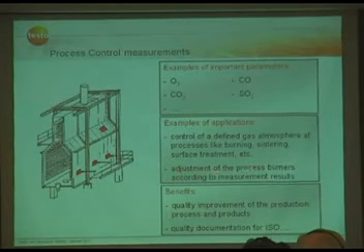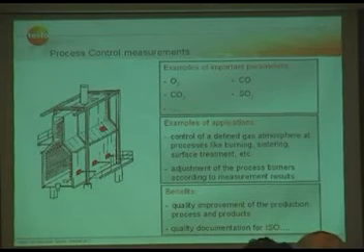Or you can adjust the process burners according to measurement results, because if you burn different fuels, like in a cement plant, heavy oil or tires or waste, everything can be burned, and every fuel has its own specific character, and based on this you can adjust the burner to its highest efficiency.